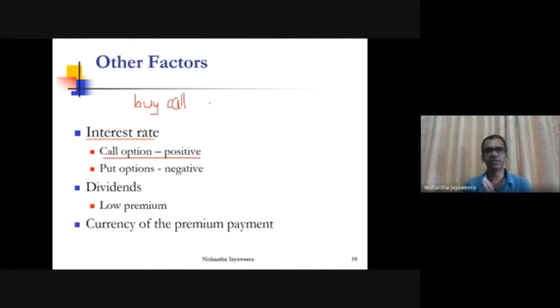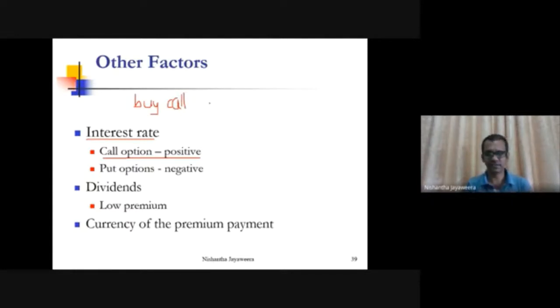But if you buy the option, you don't have to pay the full capital, only the premium. Not only that, if the price goes down, in the event that you bought a call option, you lose only the premium. But if you have bought the underlying asset, you may lose whatever the price difference is between the price that you paid to buy and the current market price.